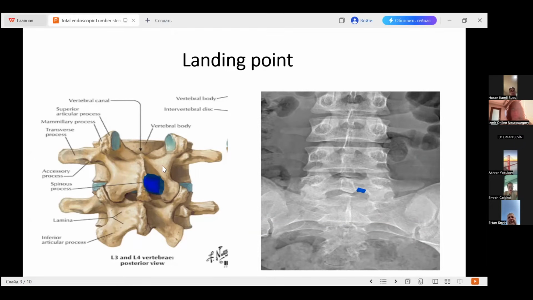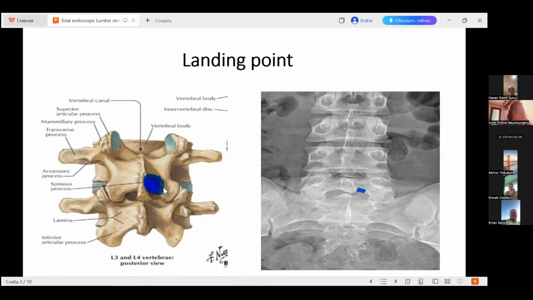For example, for one level bilateral decompression, maybe this much bone should be removed. I don't touch the facet. Till here is the lateral margin of the dura.